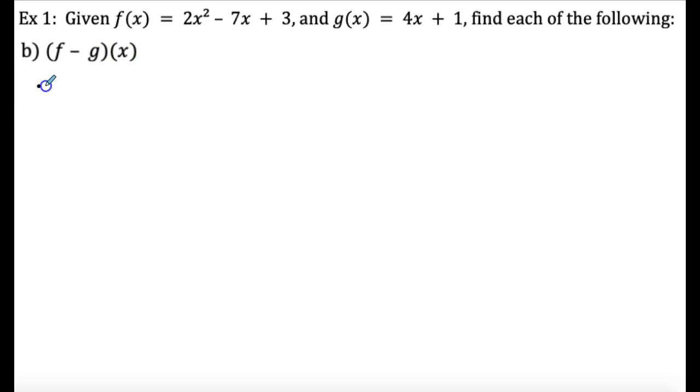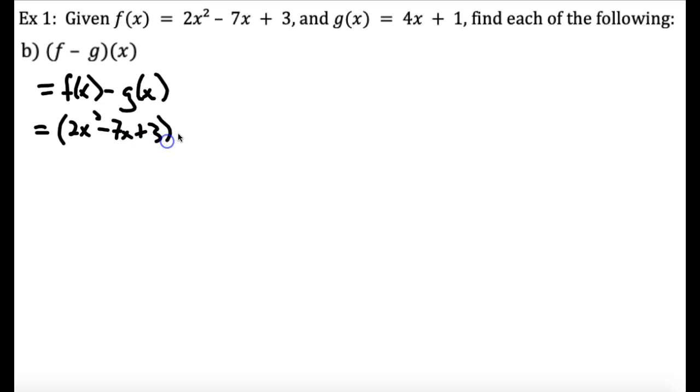Again, this is the same thing as f of x minus g of x. So I'm going to say 2x squared minus 7x plus 3 minus 4x plus 1. Now again, we're combining like terms, but this time I've got a subtraction sign in between these functions.